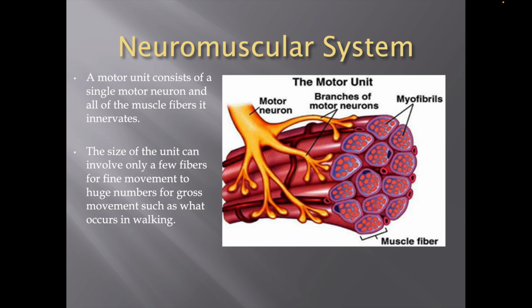For example, in your leg muscles there might only be a few motor units, but each motor unit connects to hundreds of different muscle fibers. So the precision of the movements needed at that particular body part will determine how many muscle fibers that motor neuron connects to.